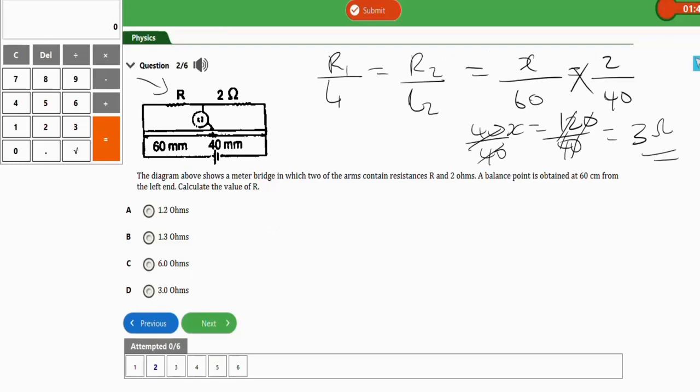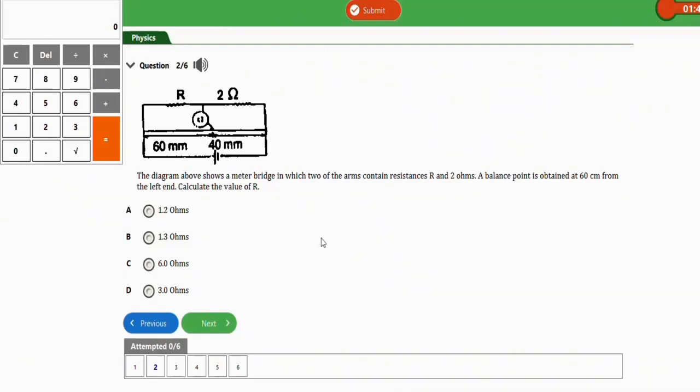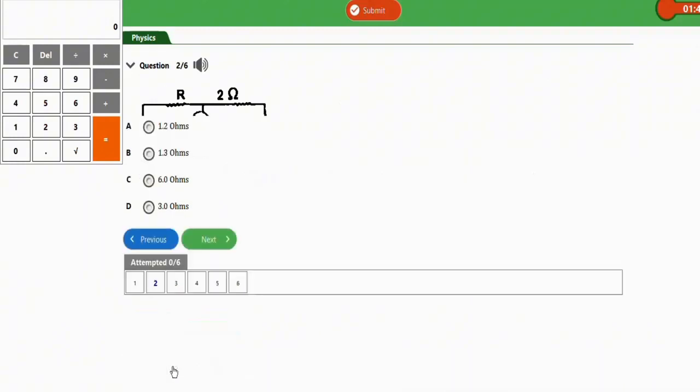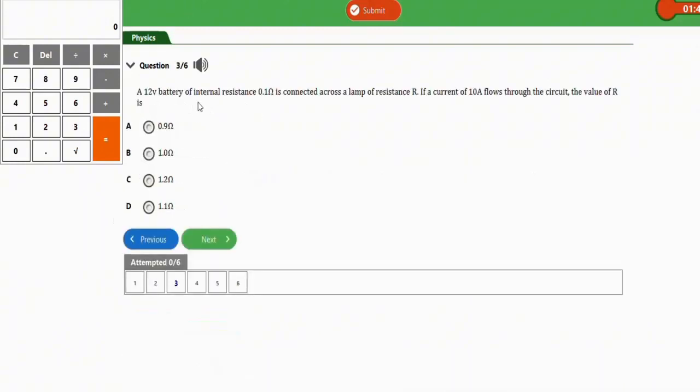Let's wipe this now and solve the next repeated question. It says a 12-volt battery of internal resistance 0.1 ohm is connected across a lamp of resistance R. If a current of 10 ampere flows through the circuit, the value of R is what?